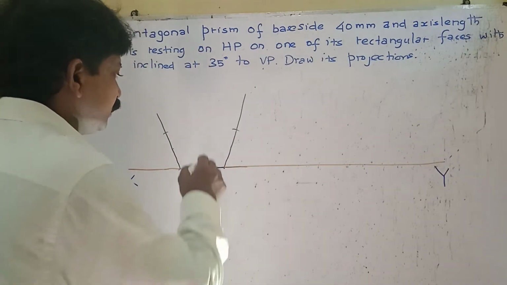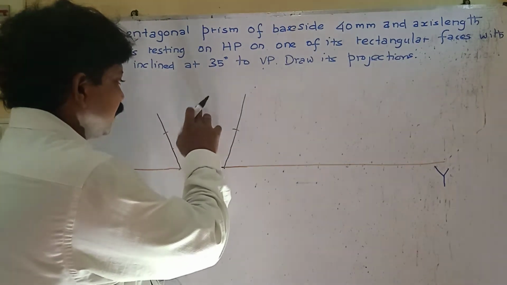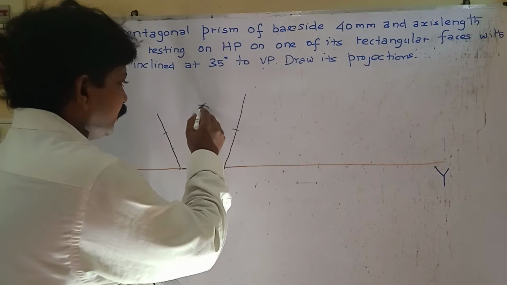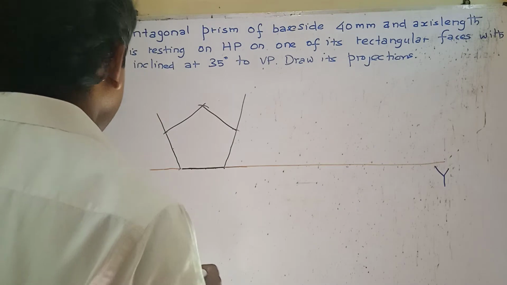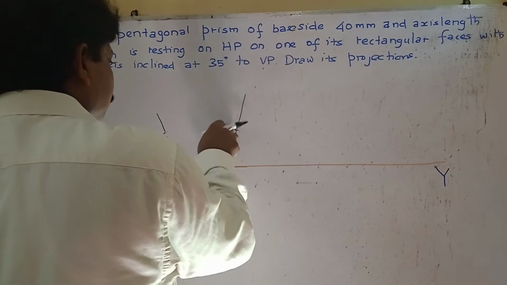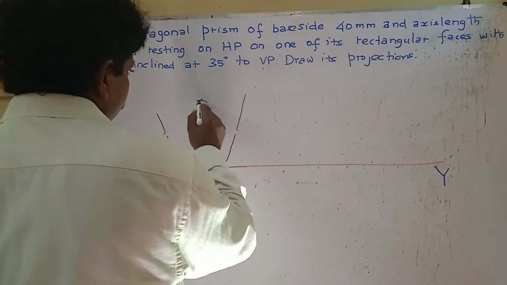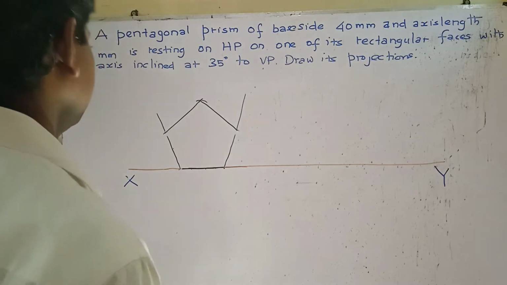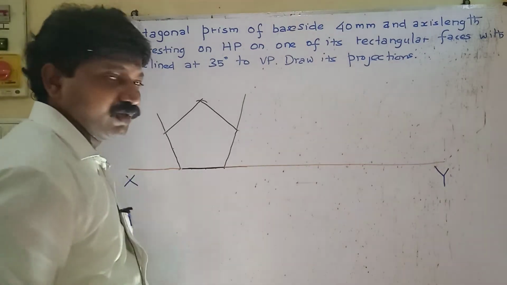And then once again with 40 mm as radius, draw the arc, and join the lines. Complete the pentagon, the pentagonal prism front view.